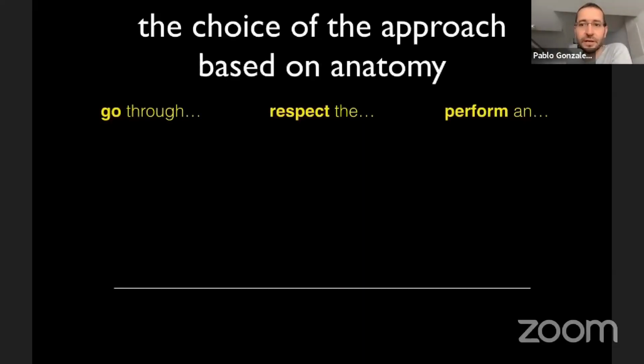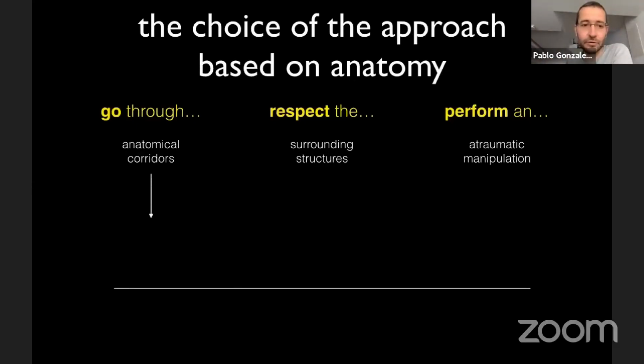So let's go on to how I approach these regions and why, and mainly the choice of the approach should be based on anatomy. So we must consider go, respect, and perform. We have to go through anatomical corridors. We have to try to respect the surrounding structures, and we have to try to perform an atraumatic manipulation of the brain tissue which is in between our tumor and our corridor.